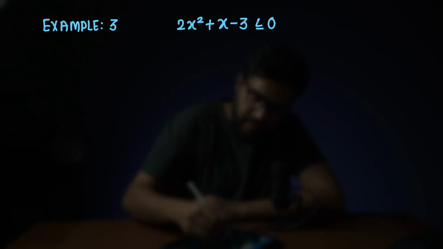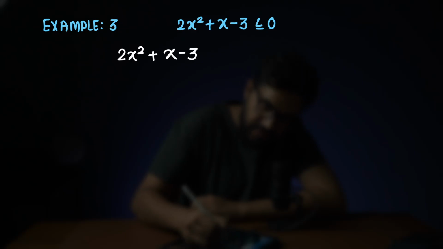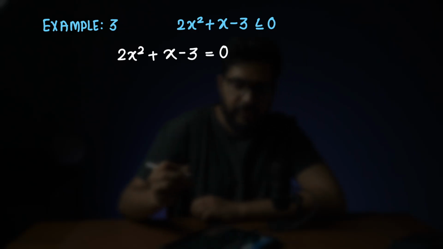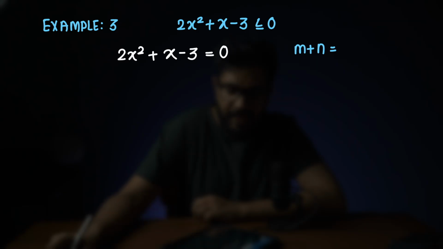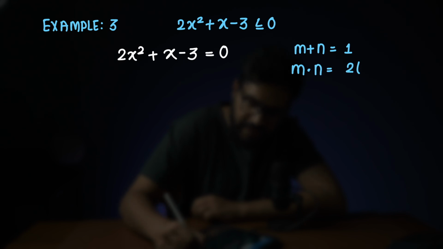2x square plus x minus 3, which is less than or equal to 0. So for the time being, treat this as an equation. So 2x square plus x minus 3 is equal to 0. To find solutions for x, I want to find two numbers which add up to the middle term plus 1, and the product of two such numbers should be 2 times negative 3, which is minus 6.